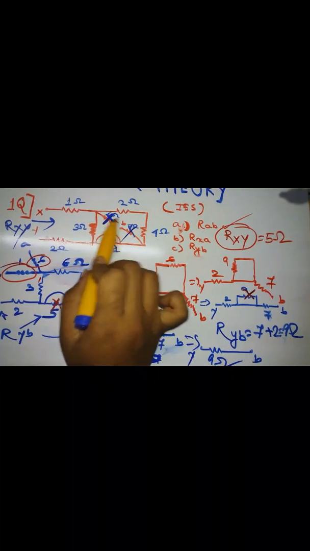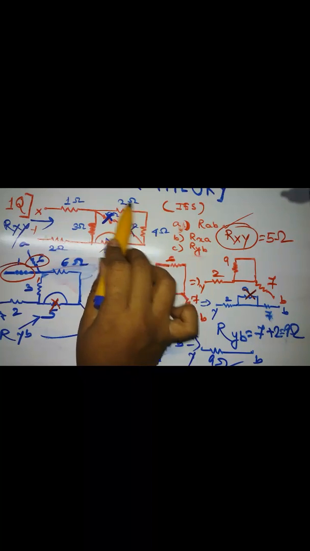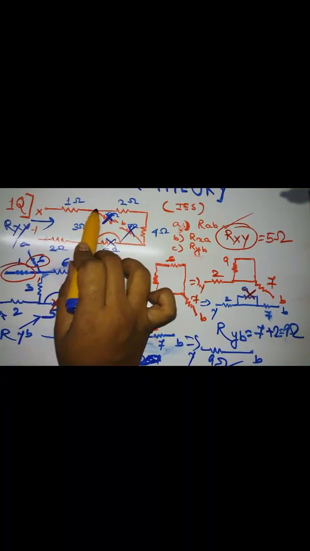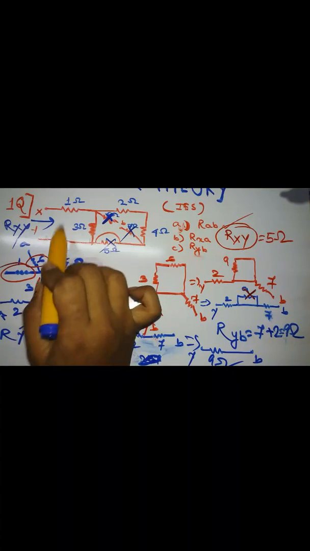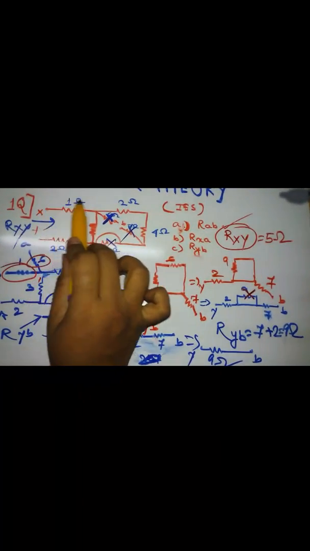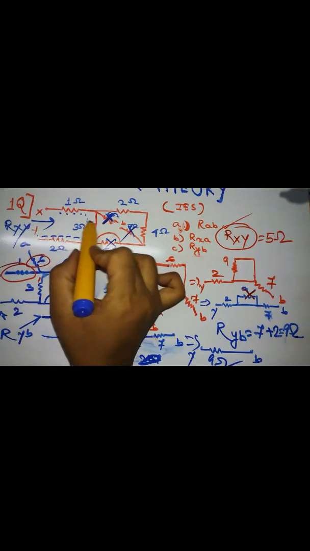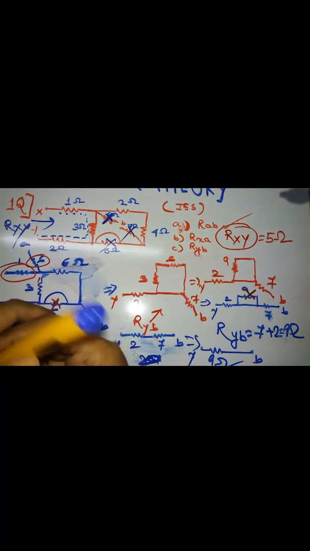So you'll have a parallel combination here, that is 4, 2 are in series, so 6 parallel 3 will be the parallel combination. So that parallel combination and this plus this will be in series. You can see here, okay, this combination. So I hope you can solve it by yourself.